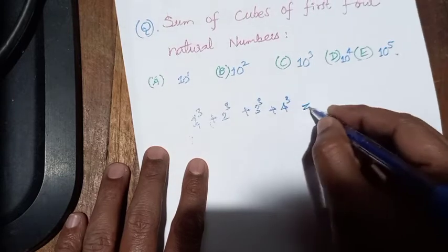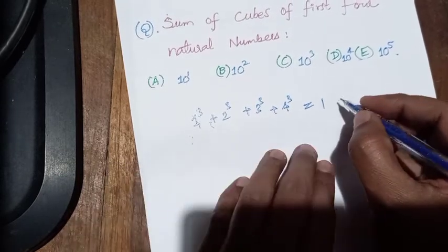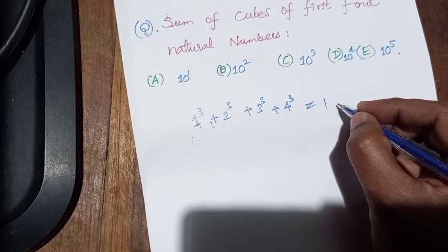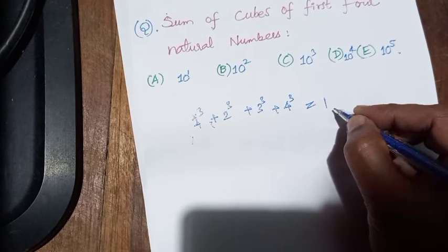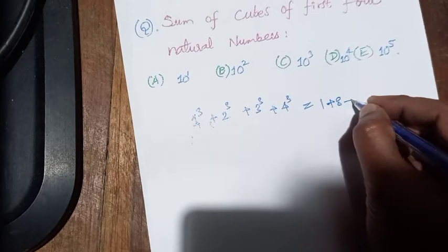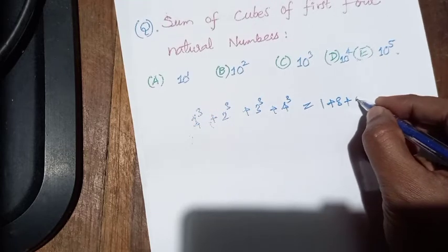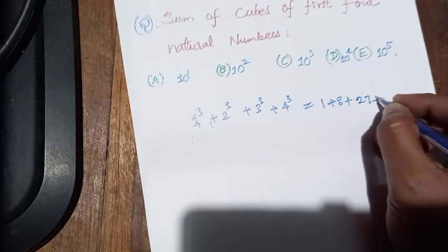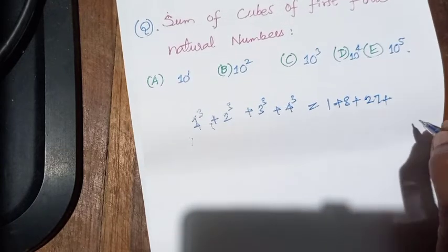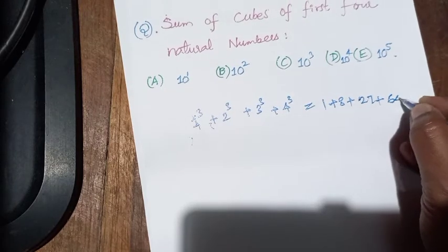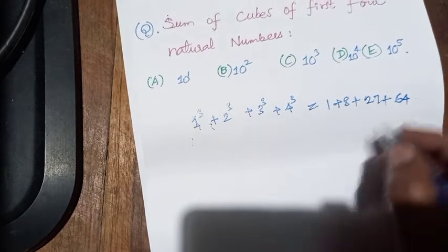So 1 cube is nothing but 1. 2 cube is 2 into 2 into 2, 2 twos are 4, 4 twos are 8, plus 8. Plus 3 cube is nothing but 3 threes are 9, 9 threes are 27, plus next 4 cube is 64: 4 fours are 16, 16 fours are 64.